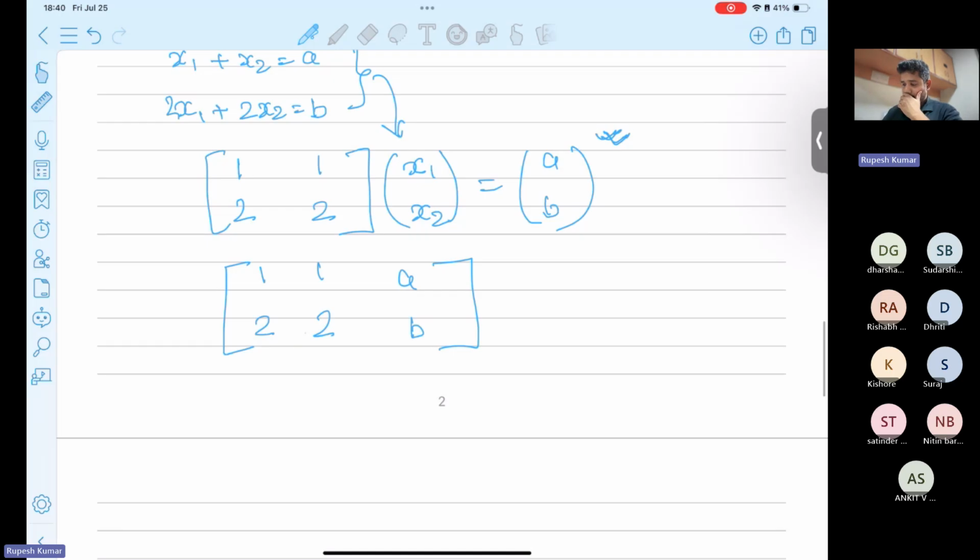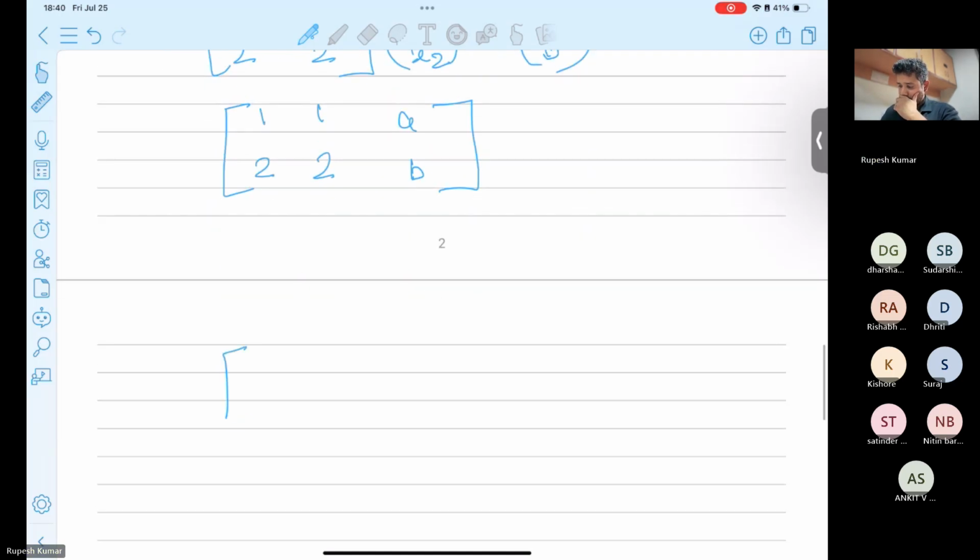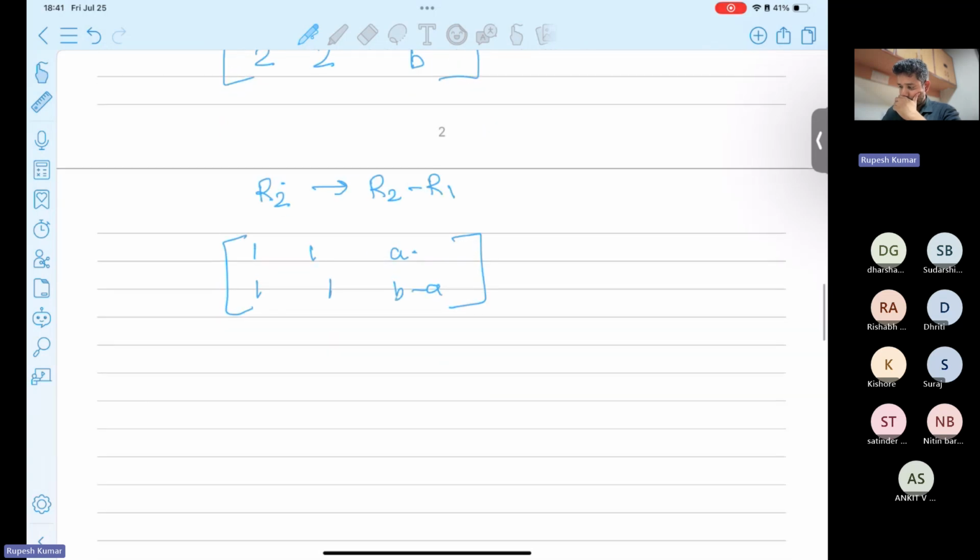So you can replace row 2 with row 2 minus row 1, and you will get 1 1 1, 1 A B minus A. Fine. Now you want to set the diagonal elements to 0.